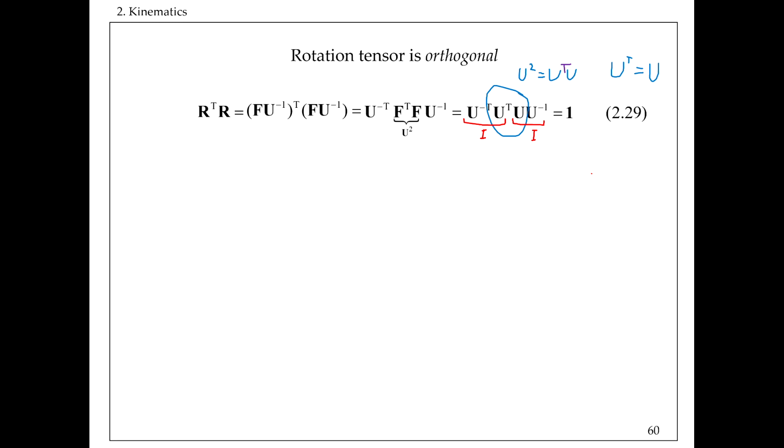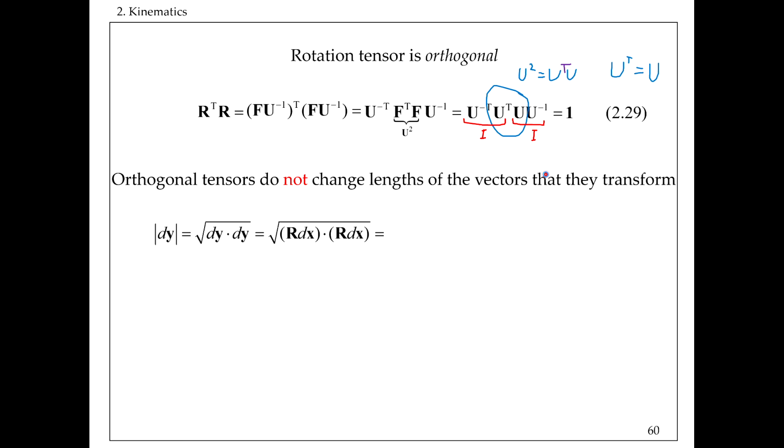Let's assume that we don't have any stretch, and our deformation gradient F only consists of R. So this is the length of our small infinitesimal line element at a point. We called it dy, so this is the root square of the dot product dy.